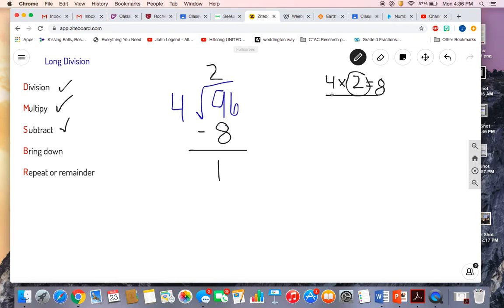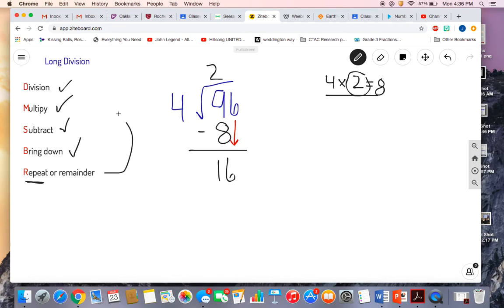From there, I need to bring down. So I'm going to bring down my next digit, and in this case it is our 6. And I can see that I now have 16. And in this step, I'm going to repeat what I just did. So now I'm going to say, okay, how many times does 4 go into 16 without going over?